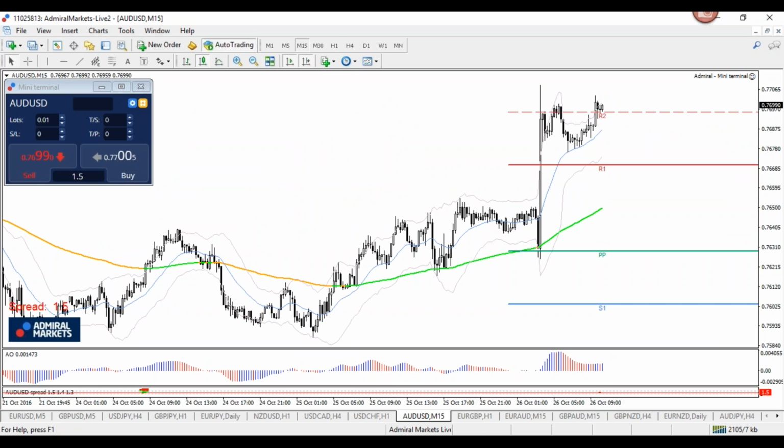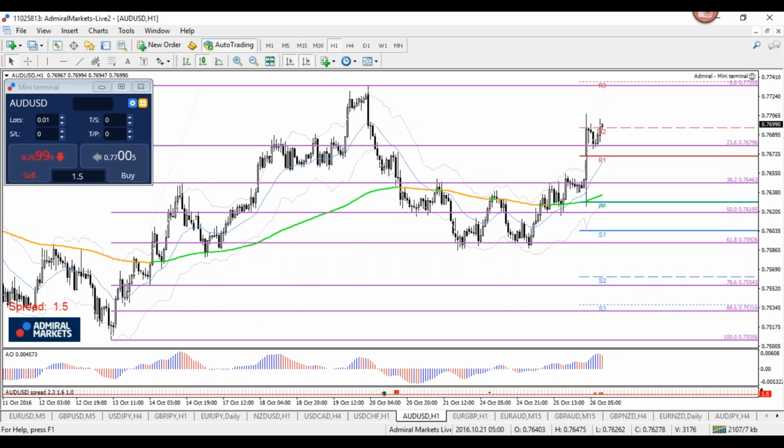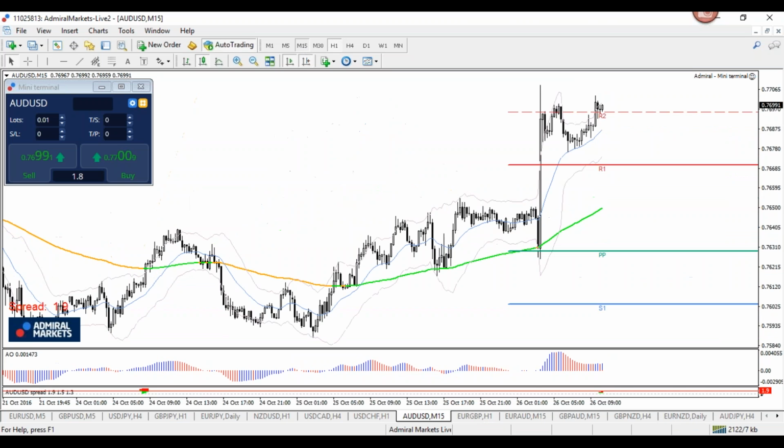Thing is, with the Aussie, it moved already quite a lot today. I would probably rather look for the daily candle to be finished. At this moment, I don't think it's a great spot to trade. But tomorrow, or maybe after the retracement, it could be a bit better. I do think it will move up.